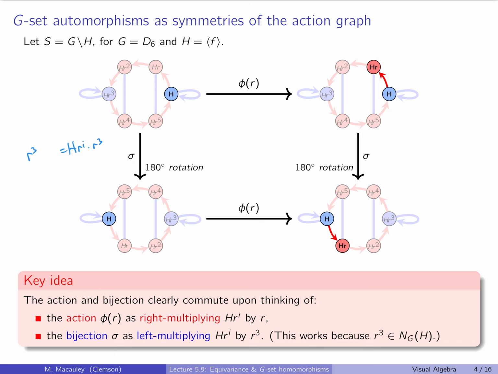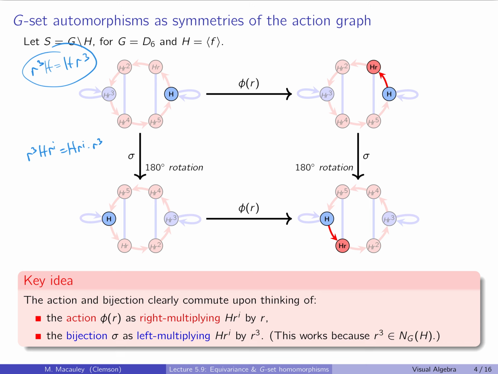So R cubed H R to the I, because R cubed H equals H R cubed. So what that means is these two operations clearly commute.